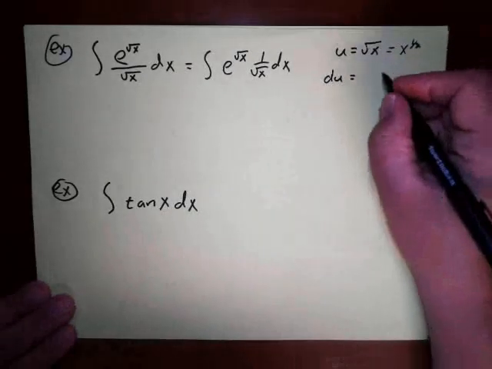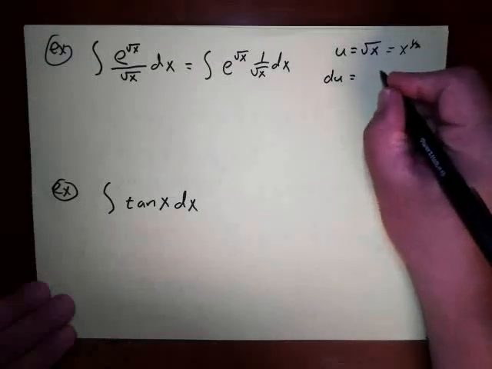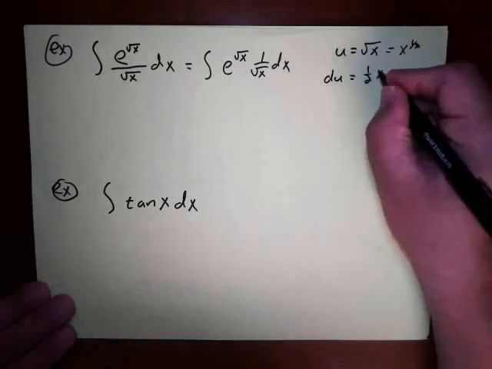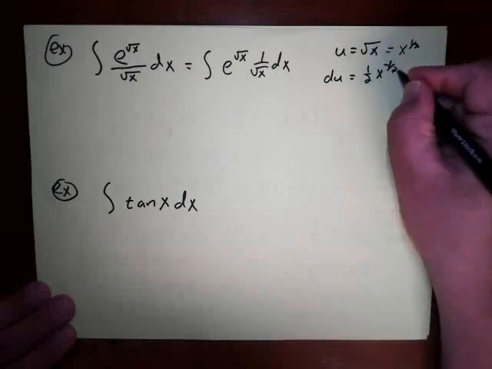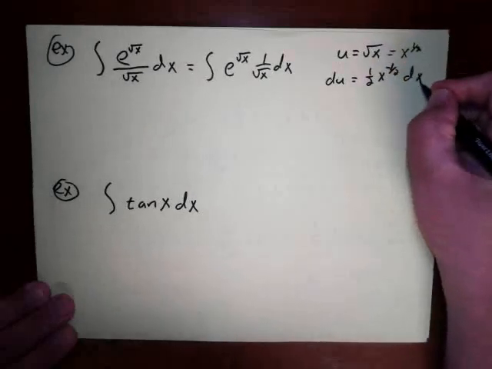And so I'm bringing down a 1/2, and then I got x to the negative 1/2, and then I'd have a dx here.